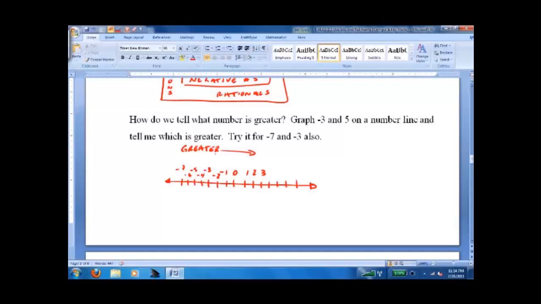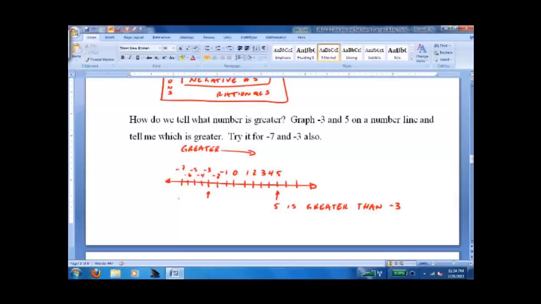So, which is bigger, -3 or, pardon me, +5? Well, here's +5. Here's -3. So 5 is greater than -3. How about -7 and -3?